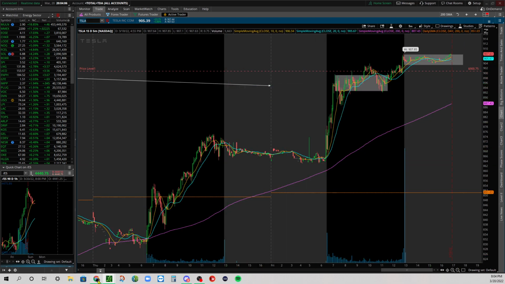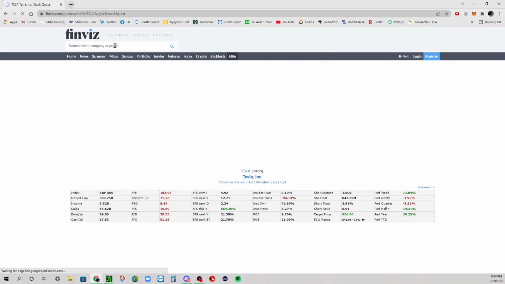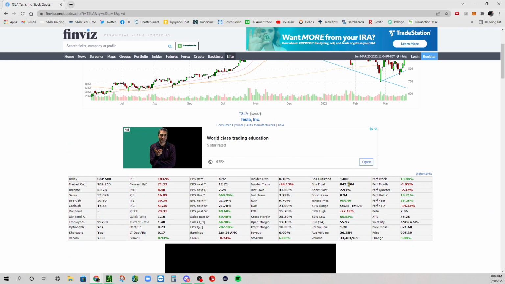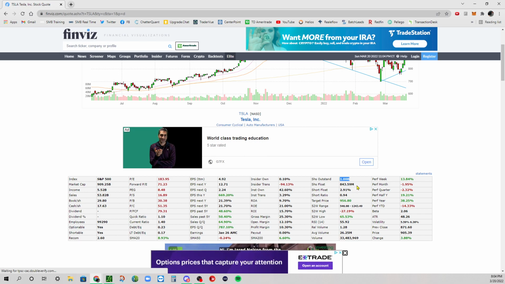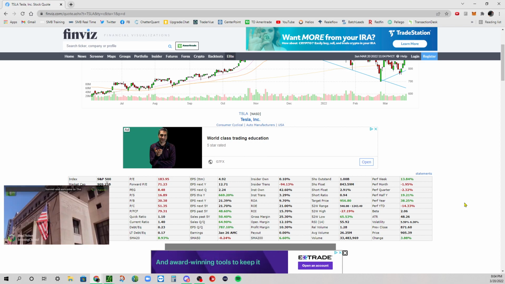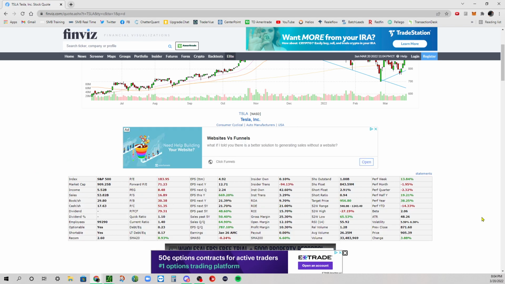Let me just show you an example of how many shares are available for Tesla. Tesla shares outstanding, 1 billion. Shares float, 843.5 million shares available to trade. And the market cap is $909 billion.